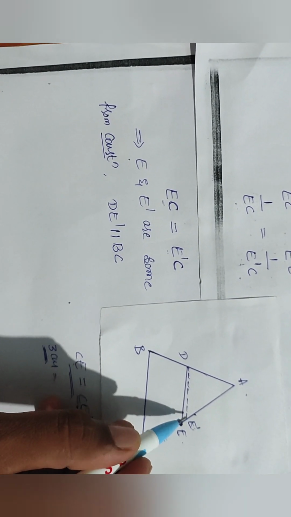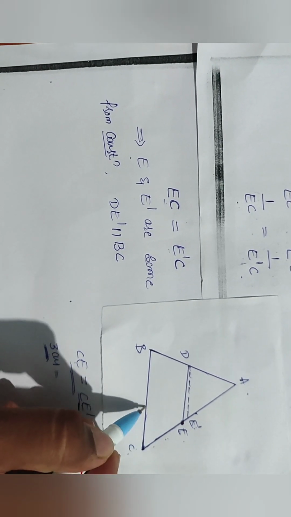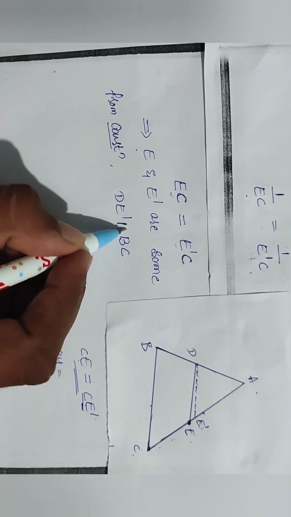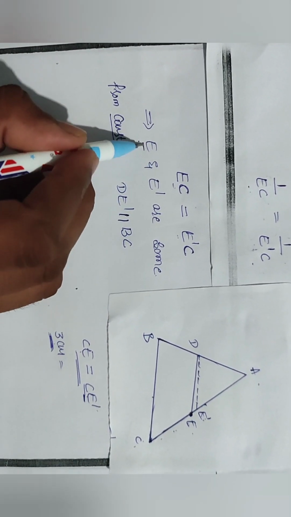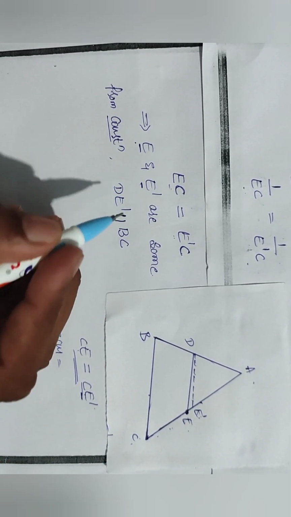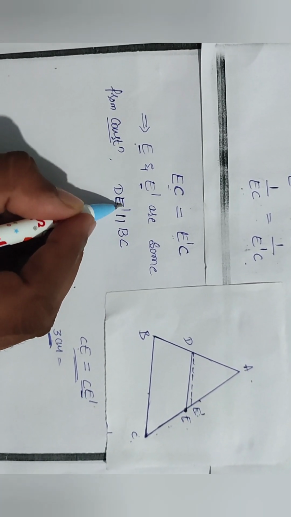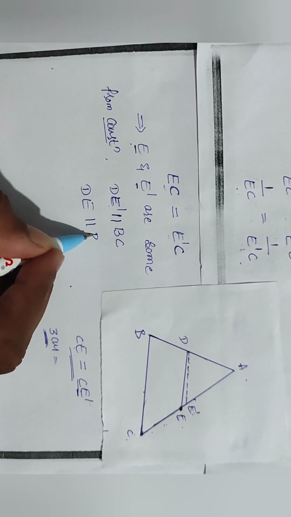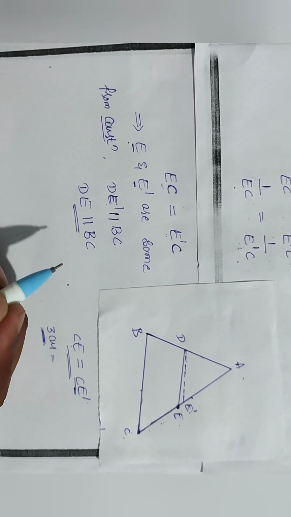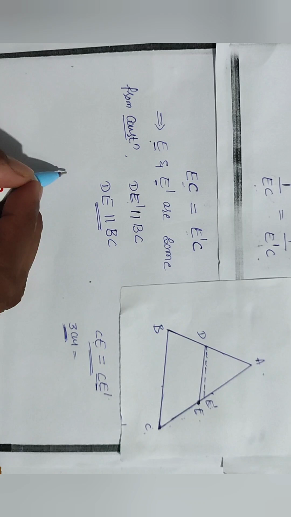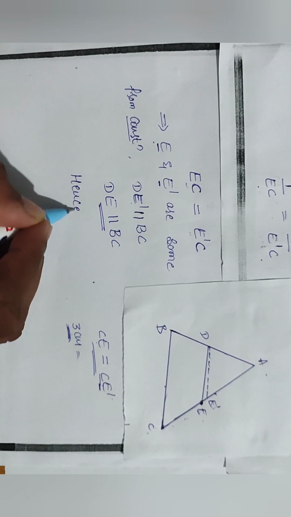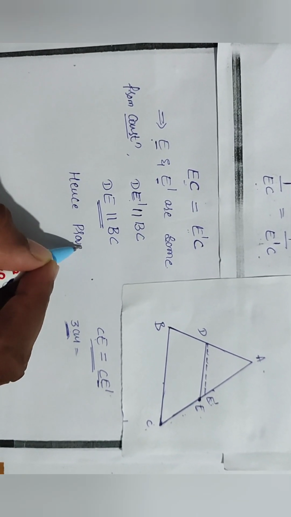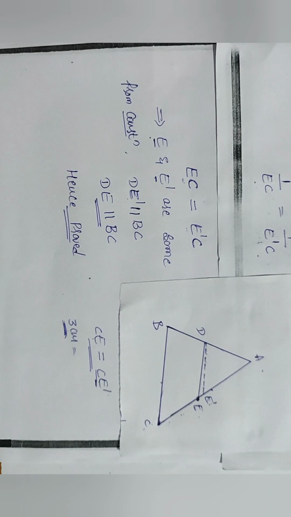As we have proved E and E dash are the same, I can replace E dash by E, that is DE parallel to BC. This is what we required. So hence proved.